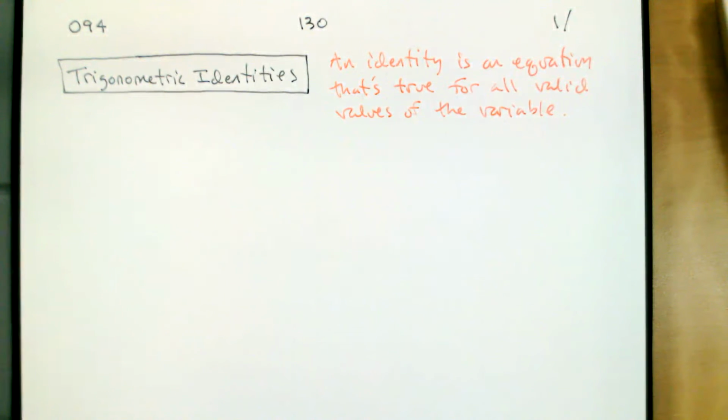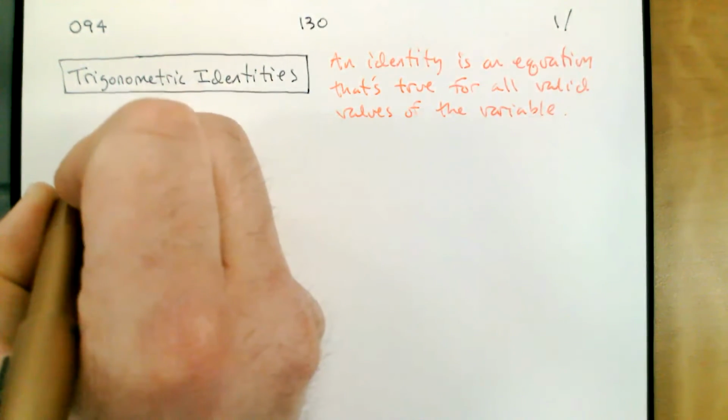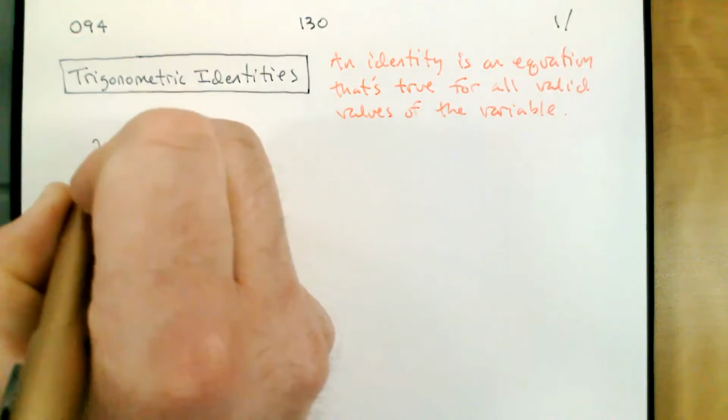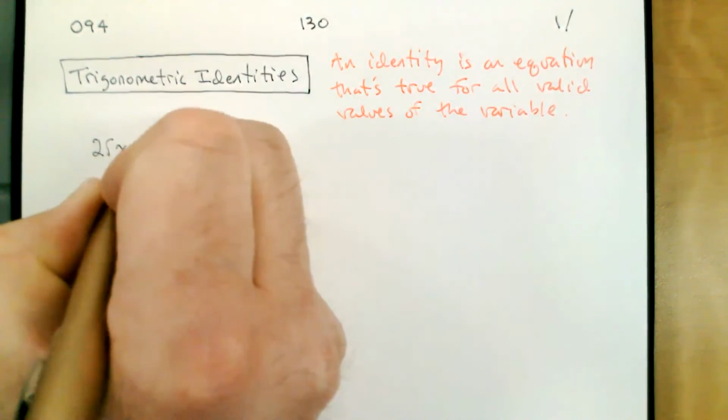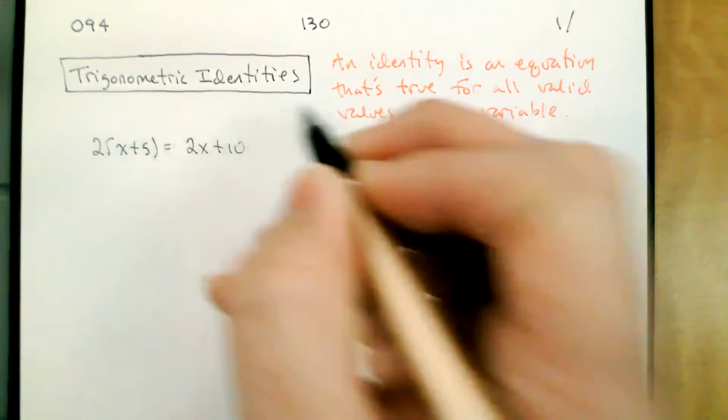So an identity, we shorthand this to say an identity is an equation that's always true. Secretly, we've used these before in algebra. So if we had an expression that said 2 times x plus 5, that's equal to 2x plus 10.